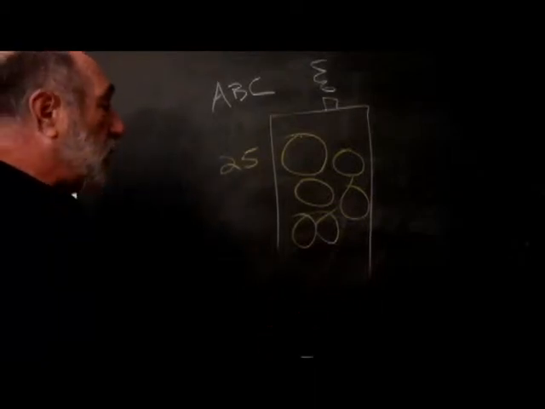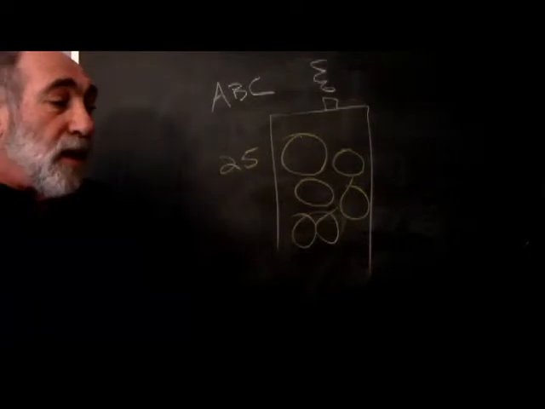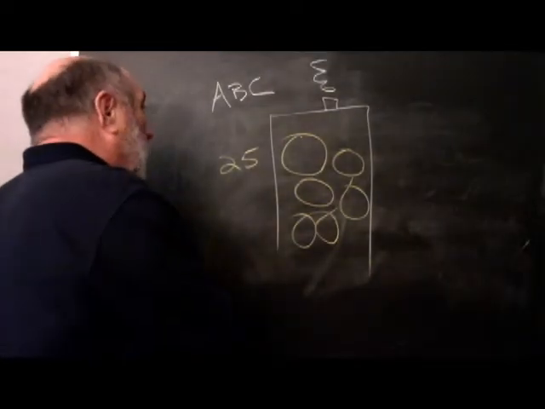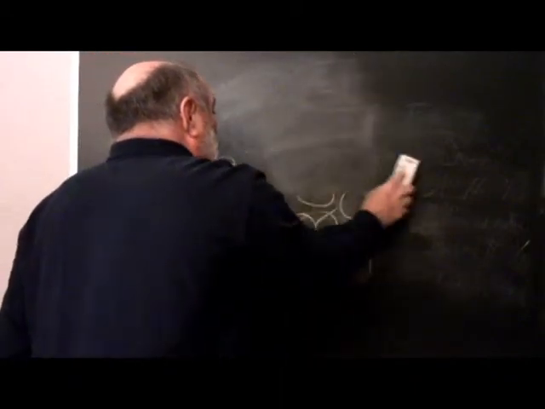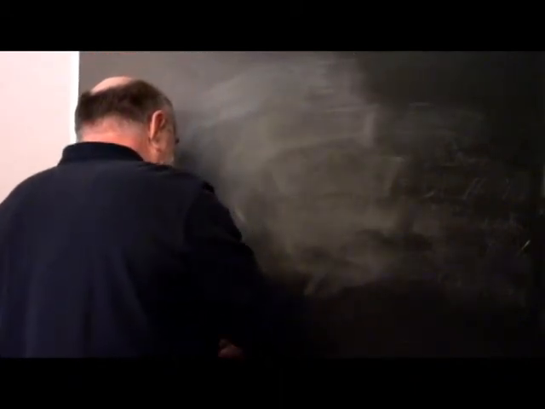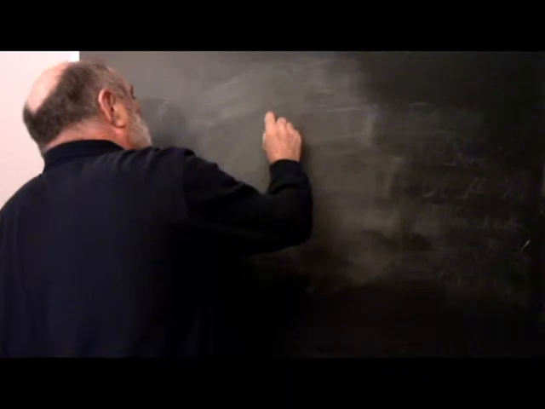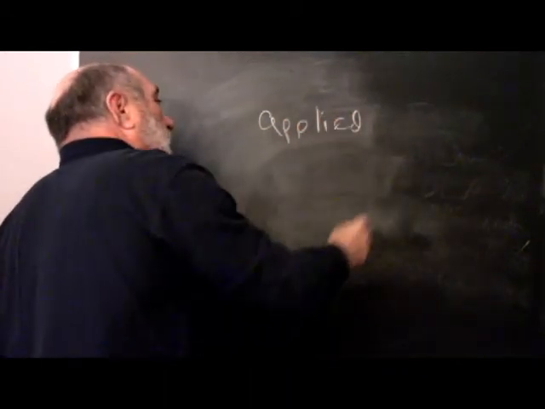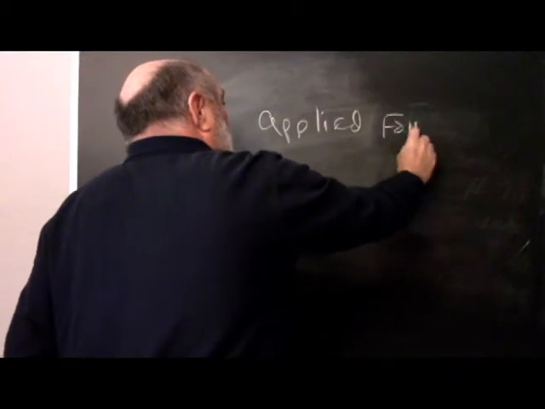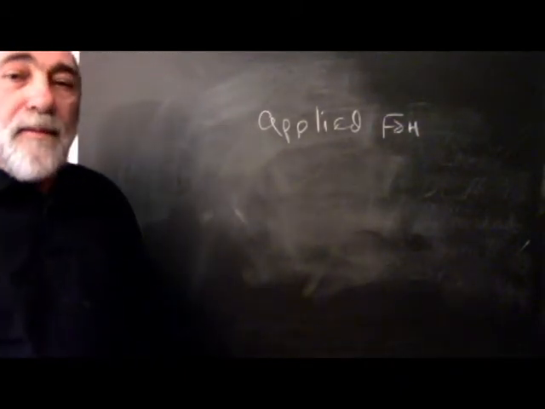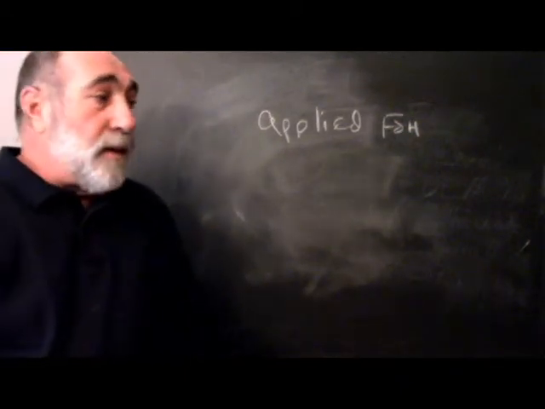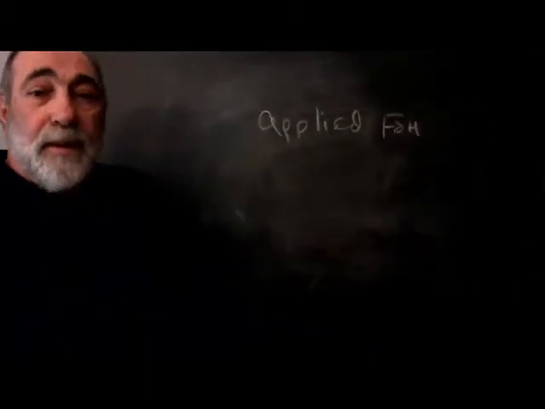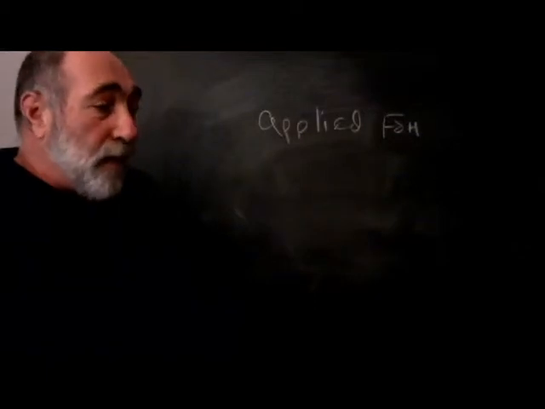The last thing I did want to talk about is what happens at the end of the year when I've done all of this and I've charged out all my products, and I know from my general ledger how much has been applied. That applied factory overhead is nothing more than how much has been charged to the jobs that went to the factory this period, this year, month, week, whatever.